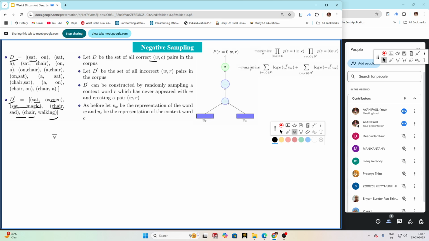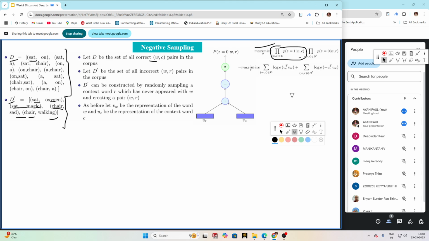Now our target is to maximize this term, the correct pair, and to minimize this term, the incorrect pair. We know the probability will be 1 in the case of a word and a correct pair, and the probability will be 0 in the case of a word and an incorrect pair. So we maximize the probability of the word and the correct word pair, and minimize the probability for the incorrect word pair, which will be 0.